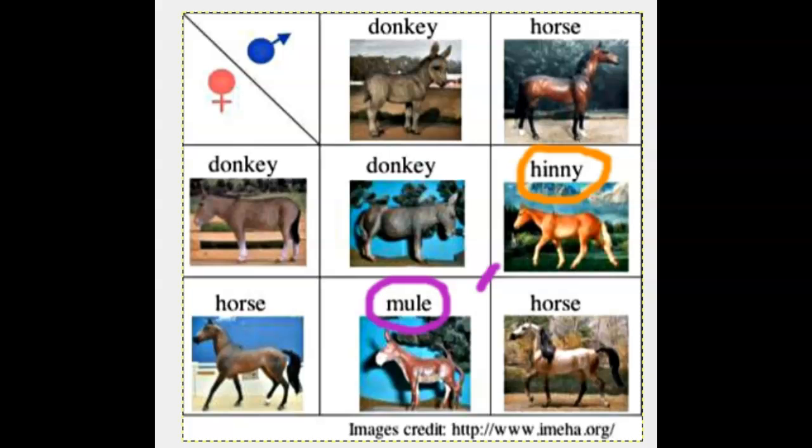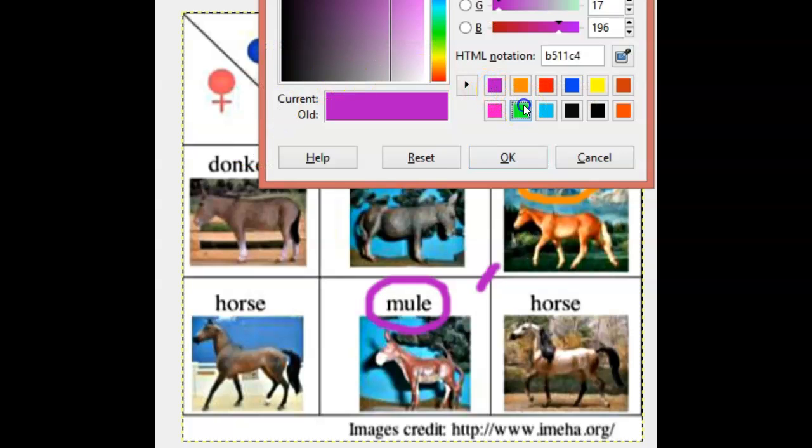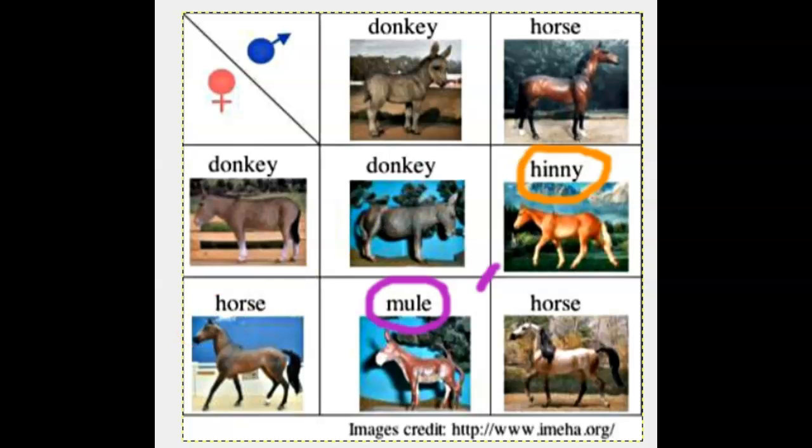So they are not considered to be the same species because even though donkeys and horses can mate, whenever we have a donkey and a horse mating, these are the results, and these do not produce offspring.